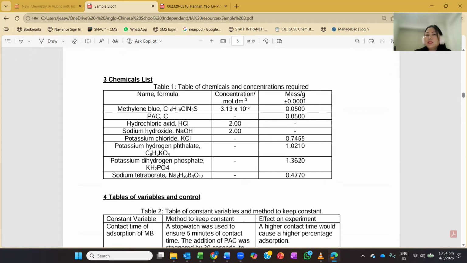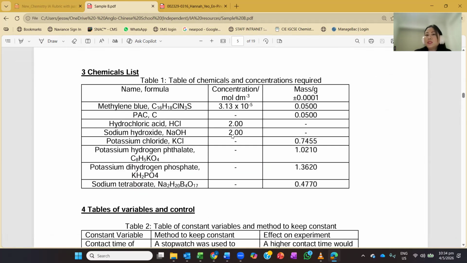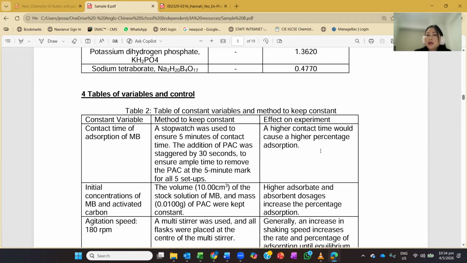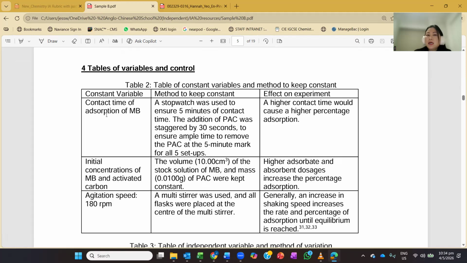Then there's the chemical list. So list out what are the chemicals you are using, what's the concentration, how many grams are you using, etc. The table of variables. What are some of the things that you must keep constant? Why? How are you going to keep constant? Why you must keep constant? If you don't keep constant, what will happen to the result? Okay?